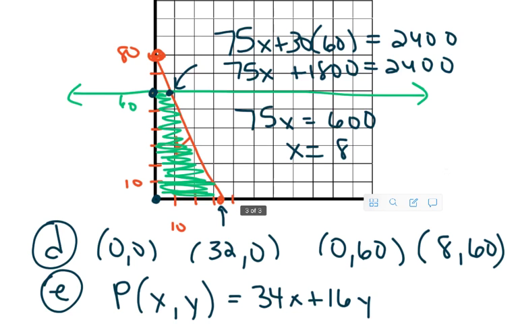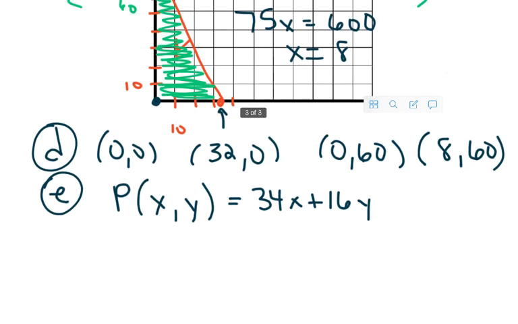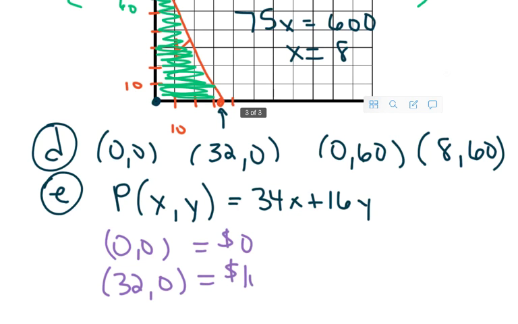Now let's plug those numbers in to find our maximum. Clearly, if I don't make any cakes or pies, I'm going to make $0. But how about if I make 32 cakes but no pies? I'll make $1,120. All right, how about if I make no cakes but I make 60 pies?